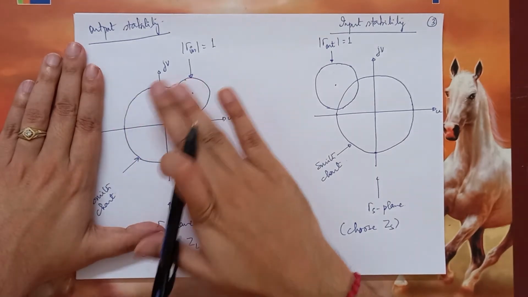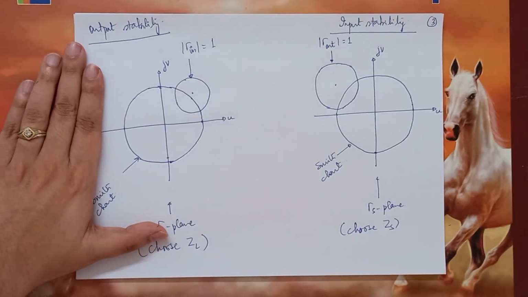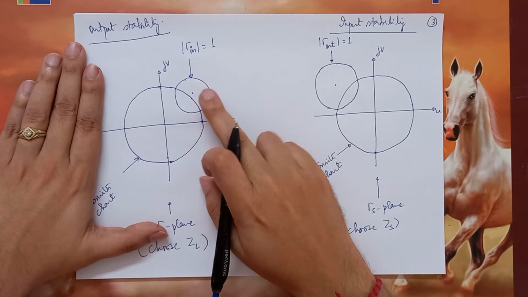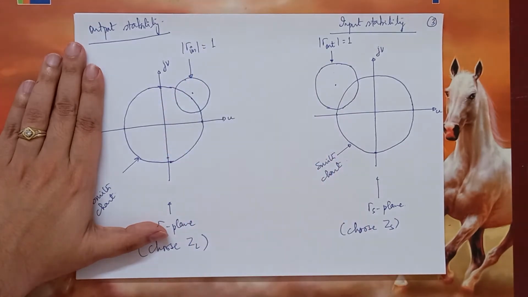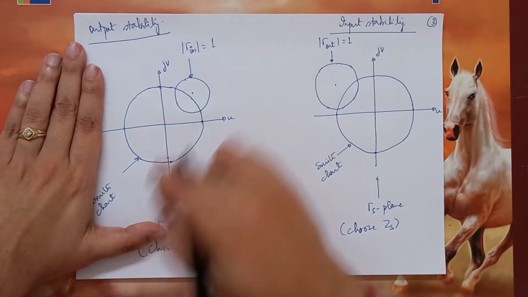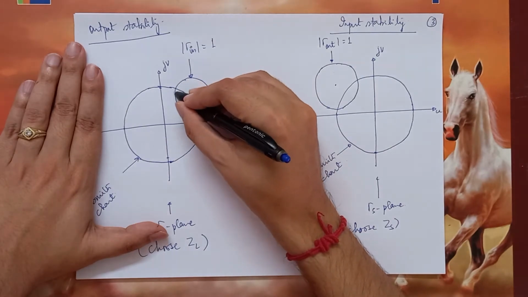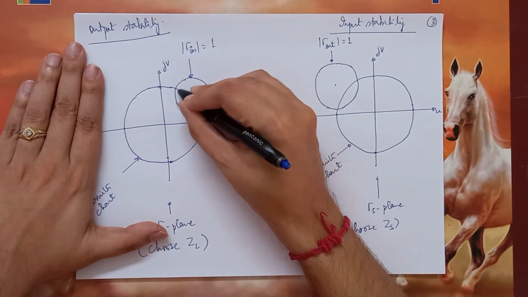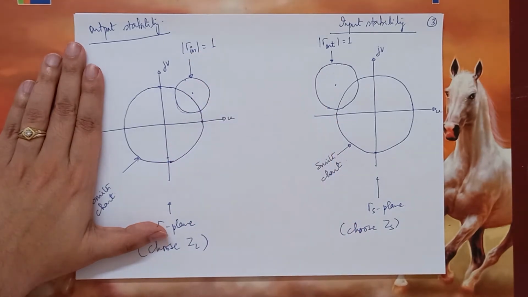Definitely these two regions will indicate something. That is, this circle indicates mod gamma in is equal to what? At whichever point you are on in the stability circle, you will always see that gamma in is equal to 1.